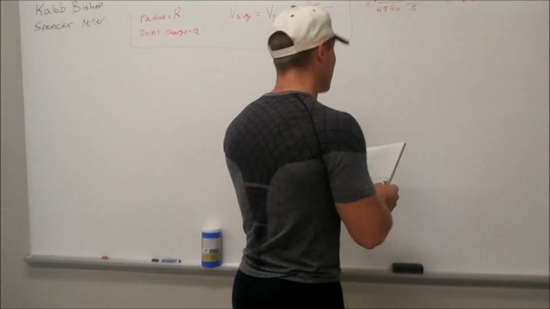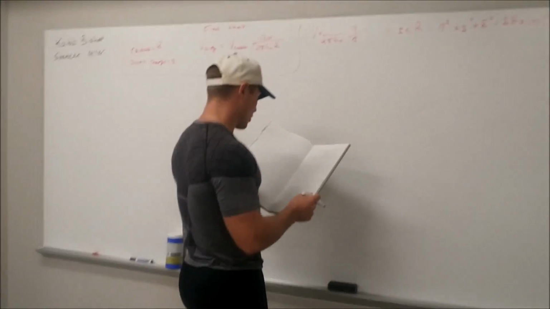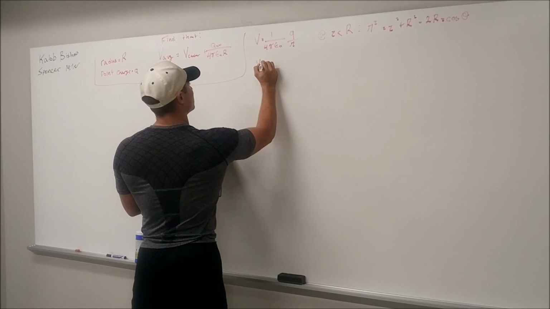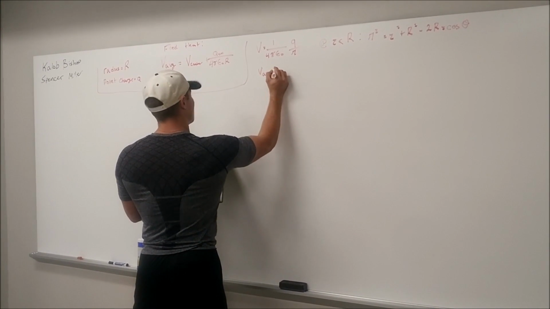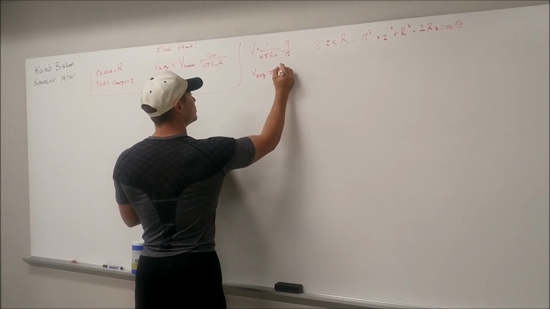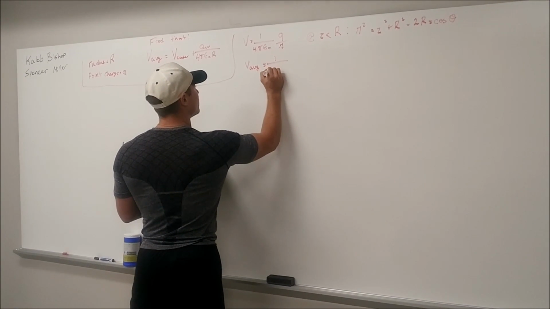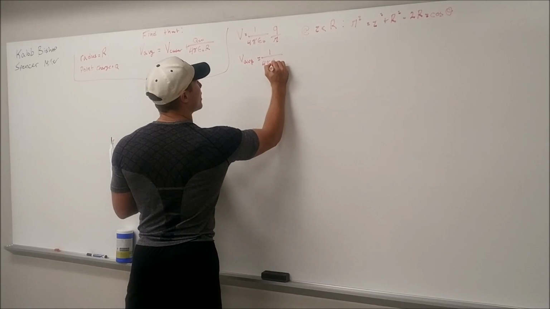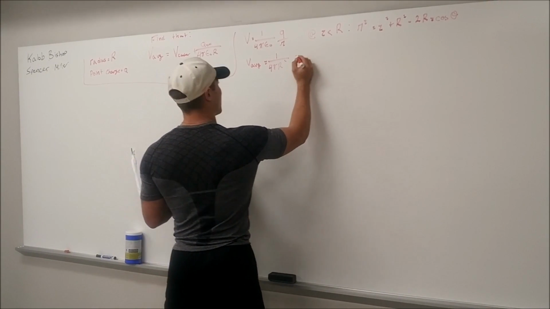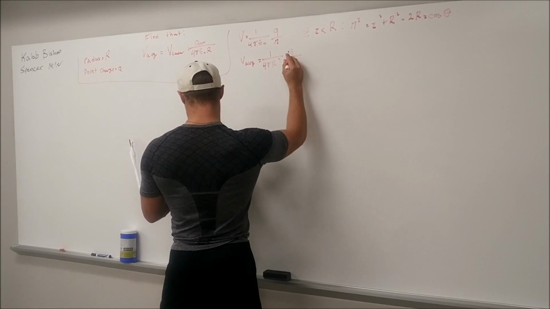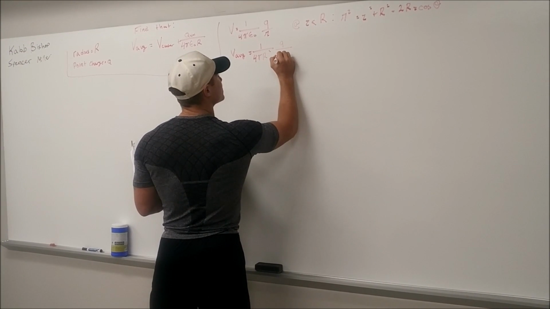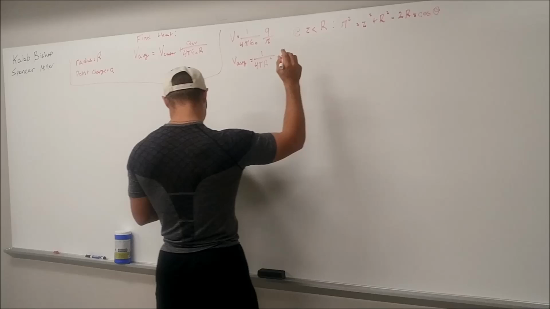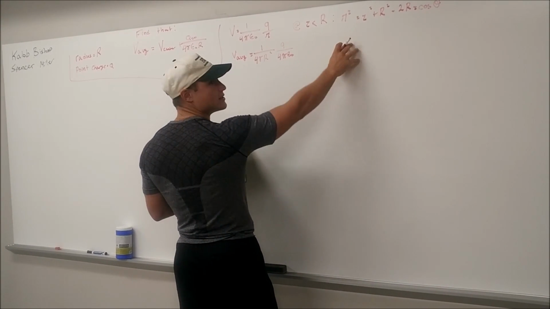So, from there, we also know that V average is going to equal 1 over 4 pi big R squared times Q over 4 pi epsilon sub naught, and this is where it gets tricky.